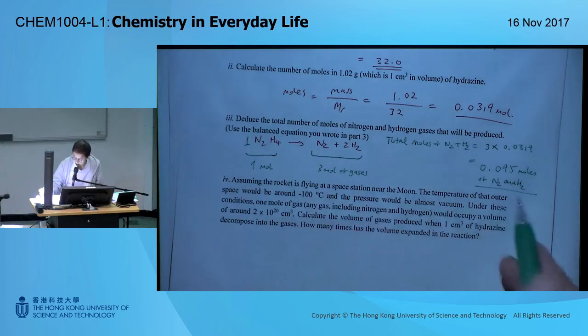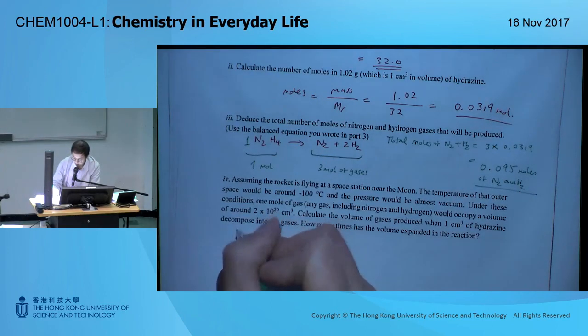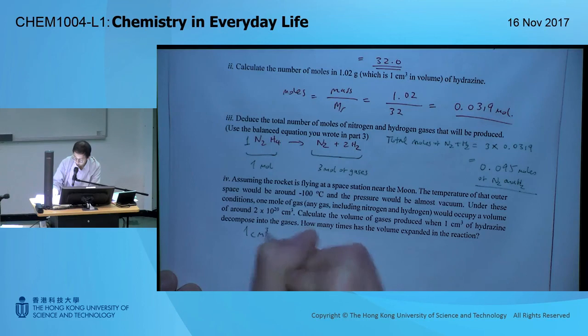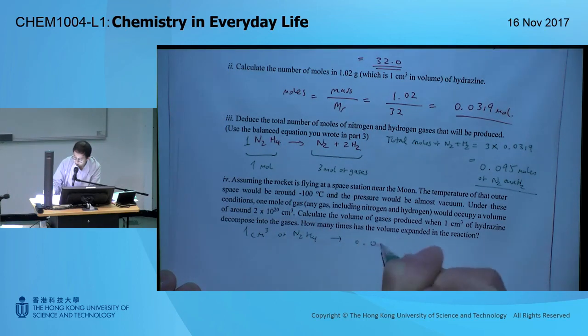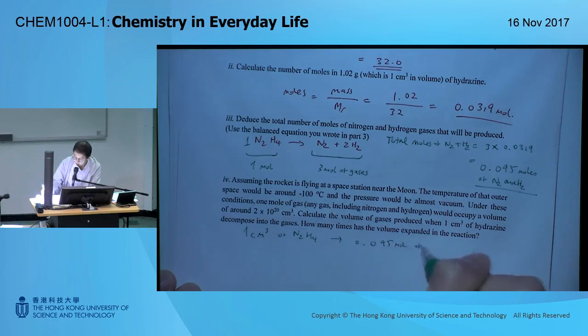So this is decomposition of 1 cm cube of hydrazine. So we just have to work out that, remember that 1 cm cube of hydrazine gave 0.095 moles of N2 plus H2.